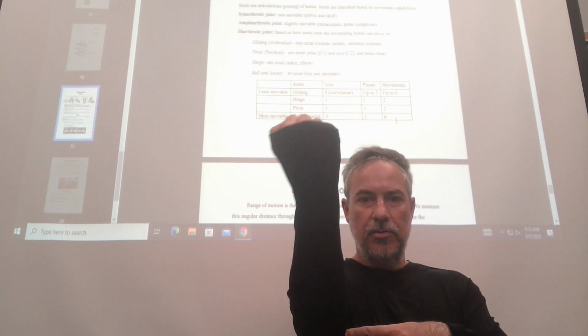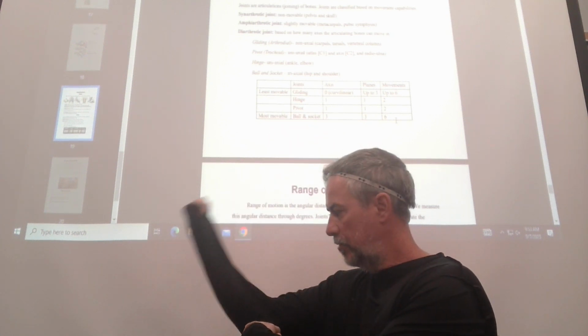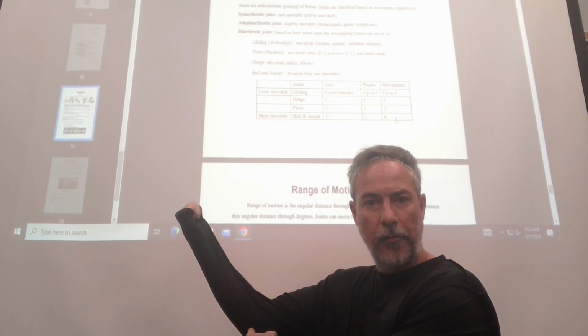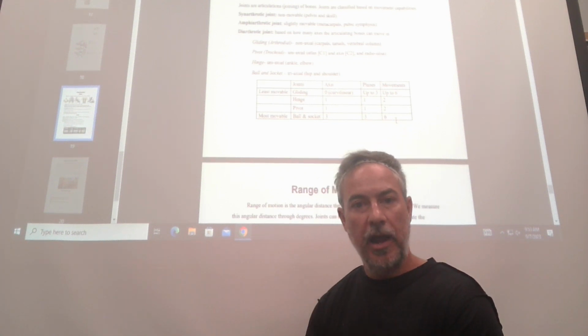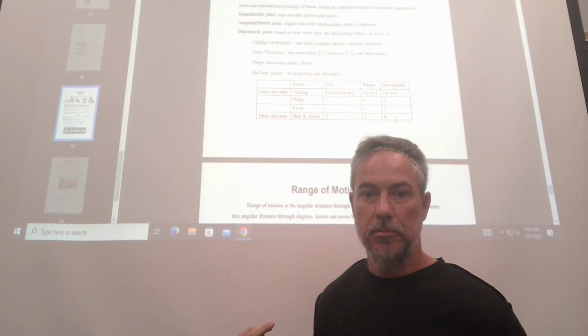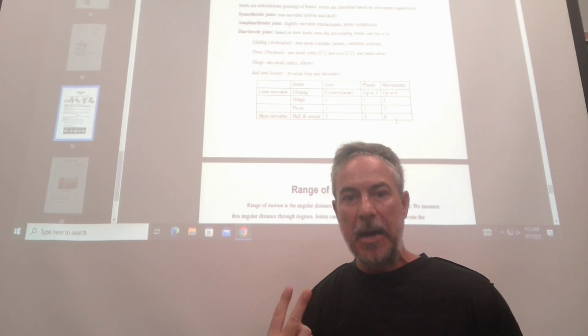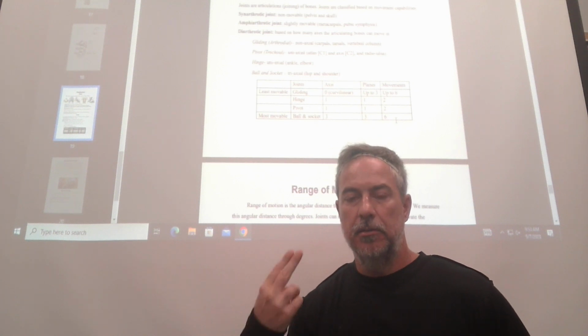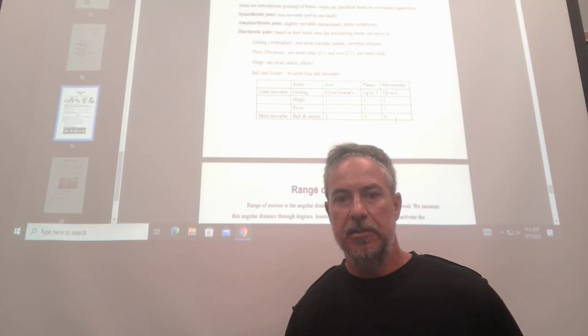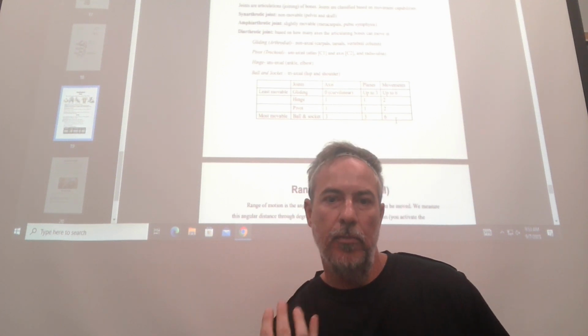So here's sagittal for the elbow. Here's also sagittal for my right elbow. Uniaxial: one plane, one axis, two motions. Biaxial: two planes, two axes, four motions.